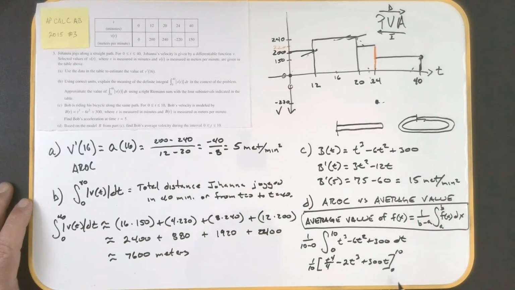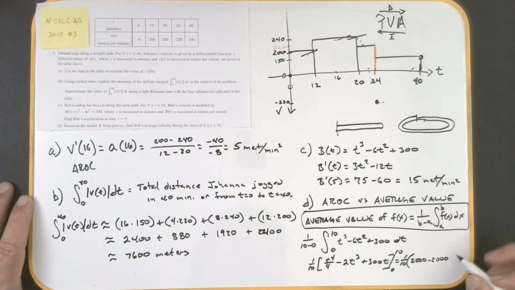Now, I can tell when I get to the 0 part, this is going to drop out, so all we have to worry about is the 10. And so this is going to be 1/10 times 10 to the 4th is 10,000. 10,000 divided by 4 gives us 2,500. 10 cubed is 1,000 times negative 2 is going to be minus 2,000. And then 300 times 10 is 3,000.